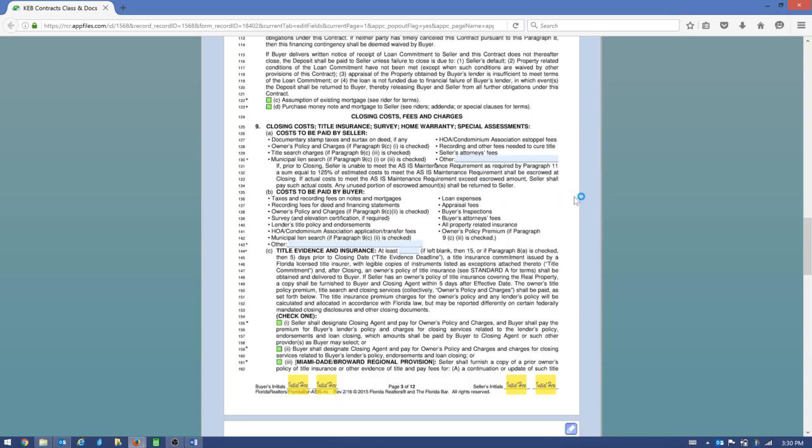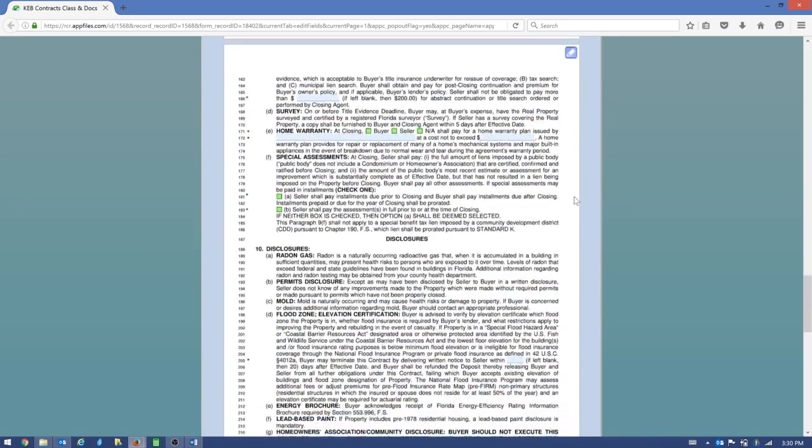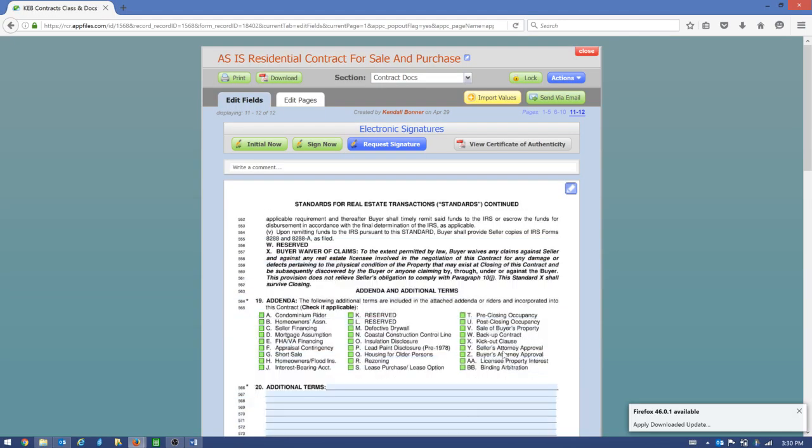And then lastly, I want to discuss paragraph 18X. This paragraph right here is also not in the FAR/BAR 4. It is only in the FAR/BAR as-is. So this is the buyer's waiver of claims.